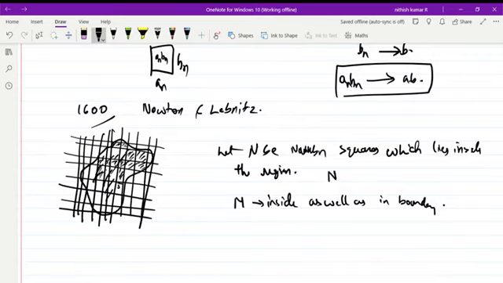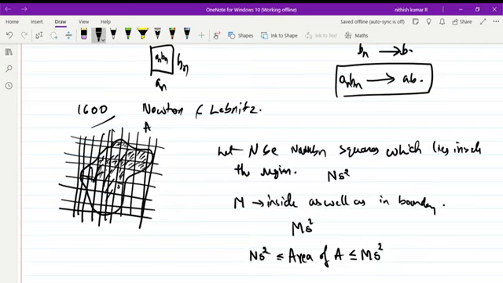There are n squares, each of side s, so it is n s squared. The squares inside as well as on the boundary have area m s squared. So if A is the region, then the area of A is less than or equal to m s squared, and greater than or equal to n s squared. By taking smaller and smaller squares, we get the exact area.